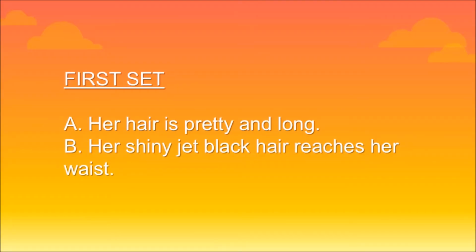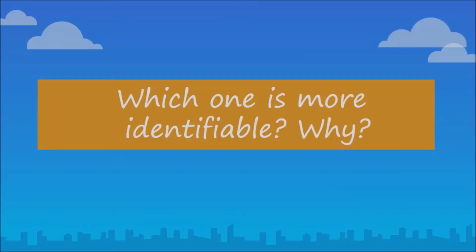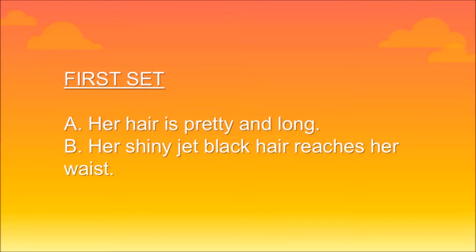You're right. Letter B is more identifiable because it gives us the image of a shiny jet black kind of hair. And how long was it? It actually reaches her waist.